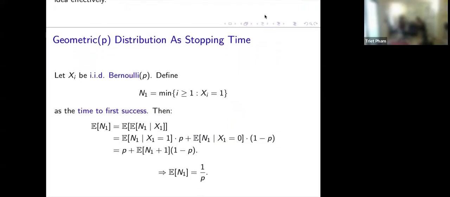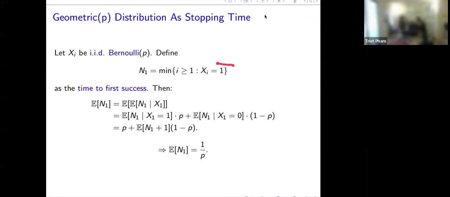So here, the geometric: if we have a sequence of IID Bernoulli, which means we have a sequence of ones and zeros where each random variable is independent and identically distributed as a Bernoulli, then the geometric can be viewed as the time to the first success.